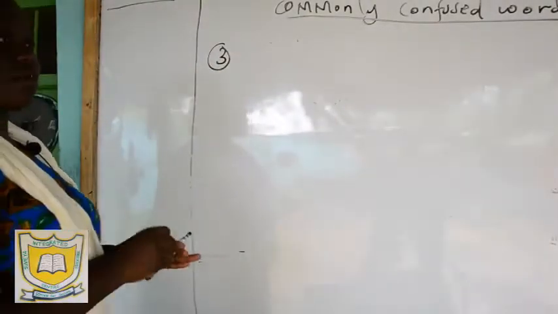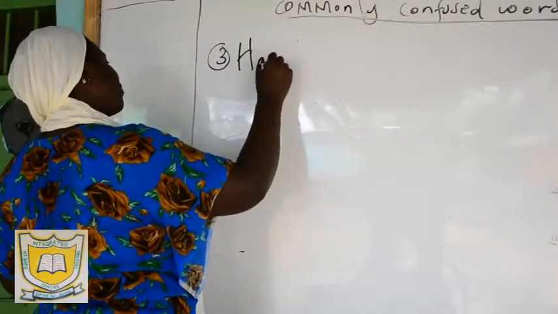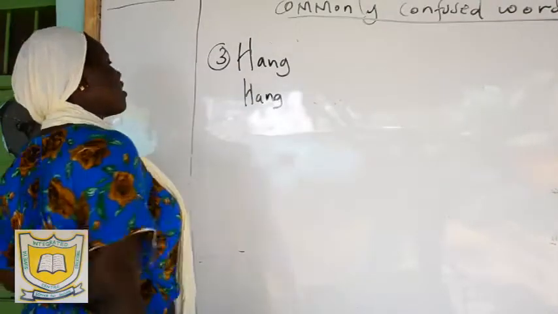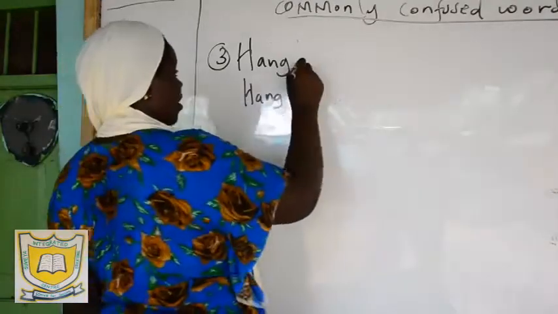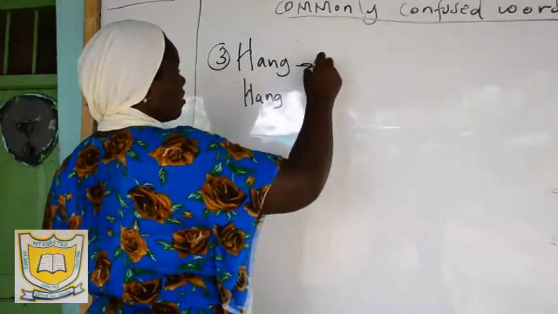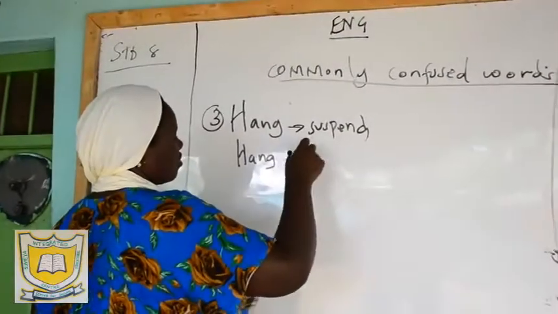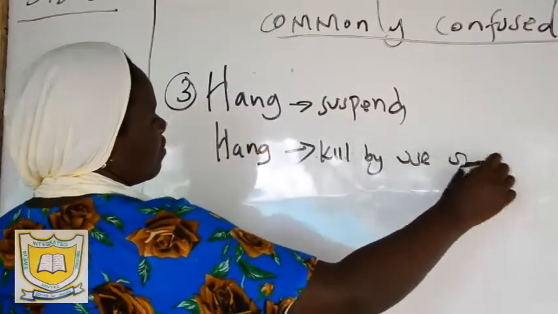Our commonly confused word number 2, we have hang, and then we have hang. These words have different meanings. Hang means to suspend. Hang also means to do what? To kill by use of a rope.